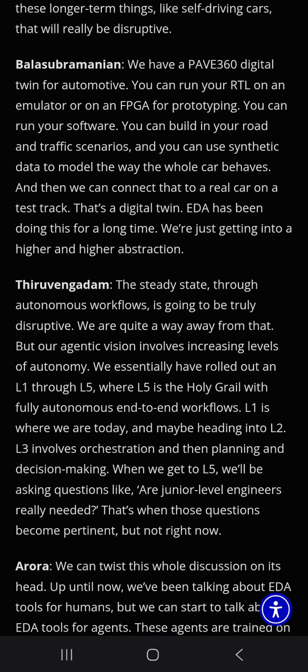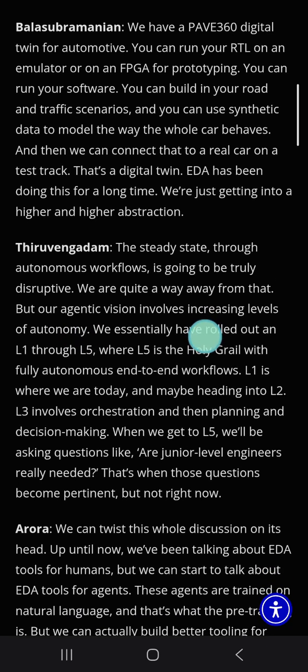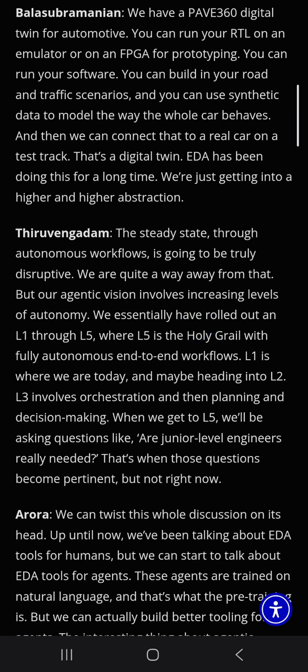Tiruvengadam: This steady state, through autonomous workflows, is going to be truly disruptive. We are quite a way away from that, but our agentic vision involves increasing levels of autonomy. We have essentially rolled out L1 through L5, where L5 is the holy grail of fully autonomous end-to-end workflows.